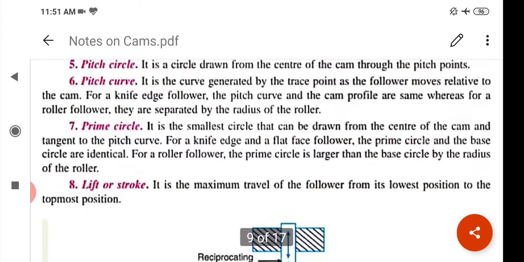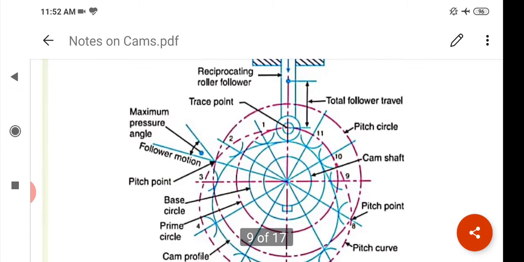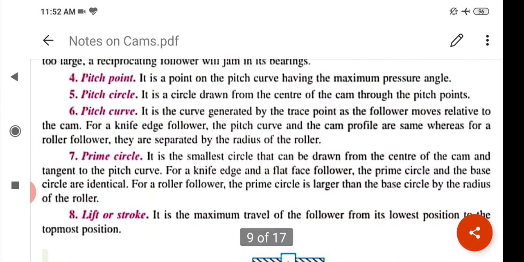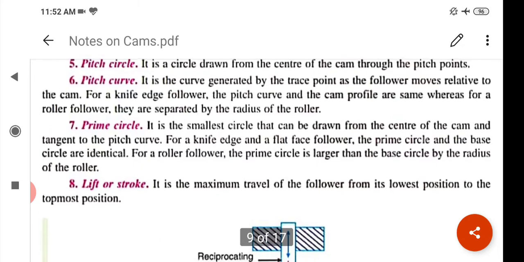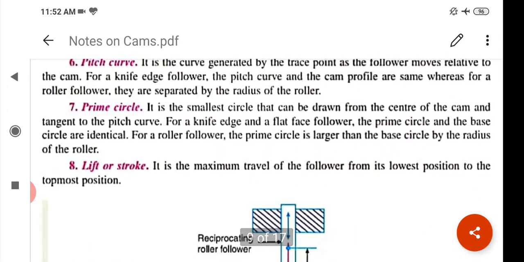From the center of this cam, when you draw a circle that passes through the pitch points, such a circle we call the pitch circle in case of cams. I've already explained what a pitch curve is: the curve traced by the trace point is called the pitch curve.